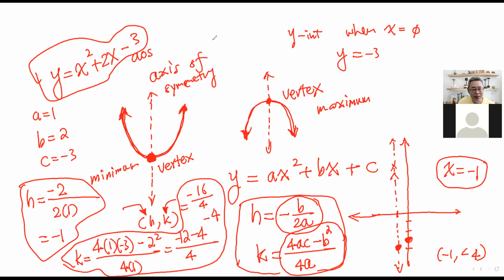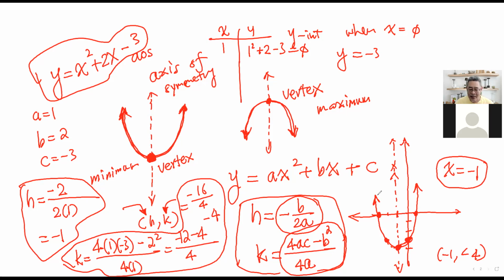So we can say what is y when x equal to 1, then we know it's 1 squared plus 2 times 1, minus 3, and then we got 0. So we got another point here. So therefore, based on the symmetry, we should get 1 here. And this is 1, 2, 1, 2 be here. So therefore, we can just graph like that. Good?